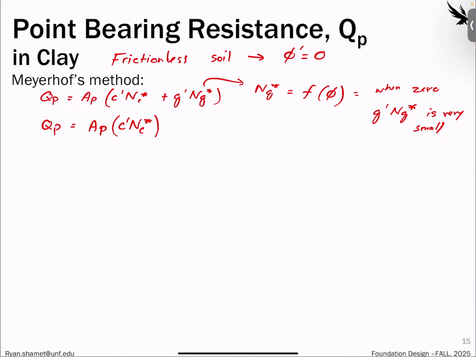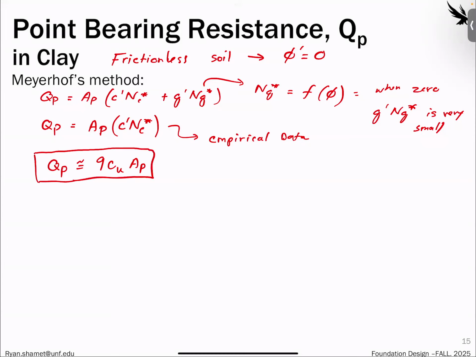So in clays, the mechanism is a little bit harder. What Meyerhof did was use empirical data to create this relationship where we say, all right, QP is going to be about equivalent to 9 times this Cu, which is not necessarily cohesion, but instead this Cu is called the undrained cohesion.